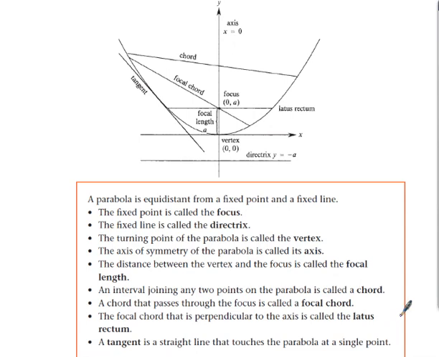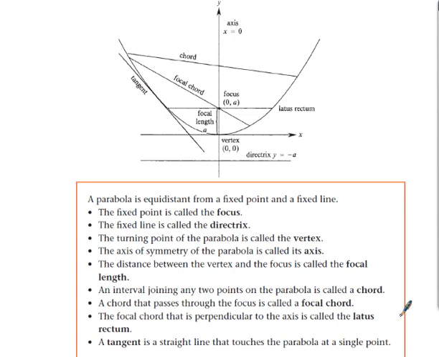A chord is an interval joining 2 points on the parabola, and if that chord goes through the focus, then it's called a focal chord. And a focal chord that is perpendicular to the axis of symmetry, parallel to the directrix, has this weird name called the latus rectum. That one there is the latus rectum.